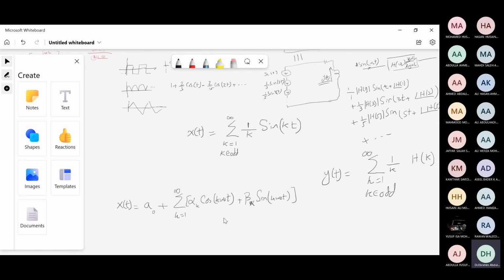So if we have any periodic signal, we can change it to sinusoids.